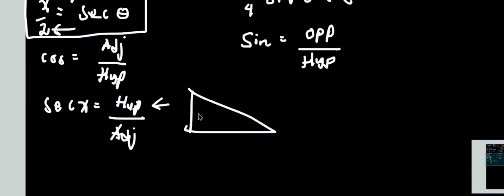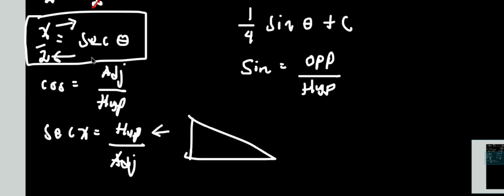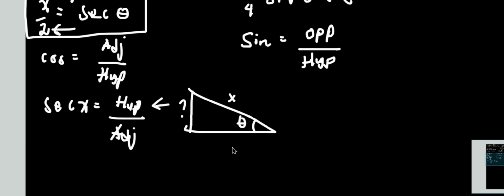So our hypotenuse right here is x. This is the theta, by the way. And this is the opposite, which is what we're looking for, question mark. And then the adjacent would be 2.